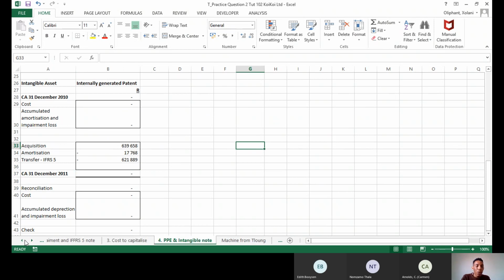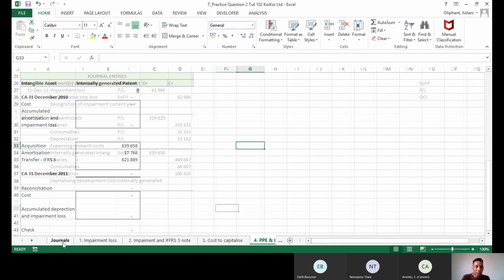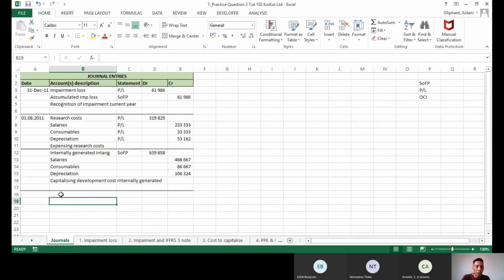Now, your journal entry would have looked something like this, right? I'm just going to write it in short now: IFRS 5, non-current asset held for sale.